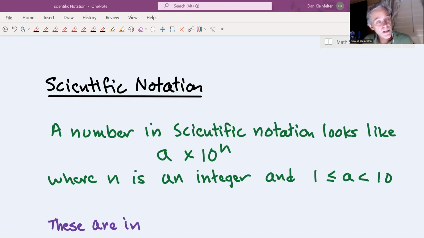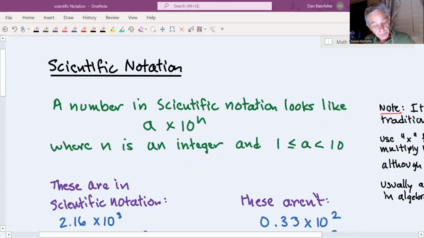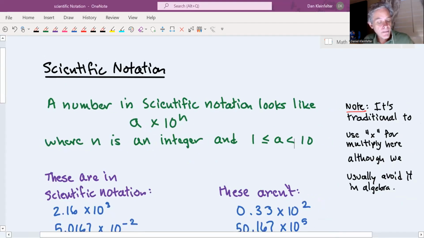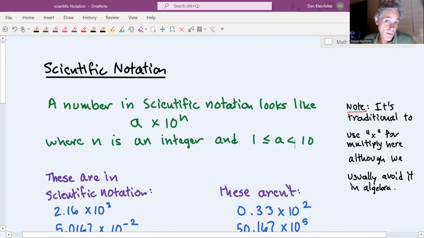So it could be as small as 1 and up to, but not including 10. So 9.999 and change, right? So A is in between 1 and 10, could be as small as 1, has to be less than 10. That's the limits on A, and n is an integer. So it's basically a number in between 1 and 10 multiplied by some power of 10.